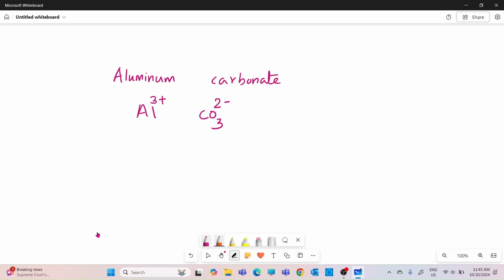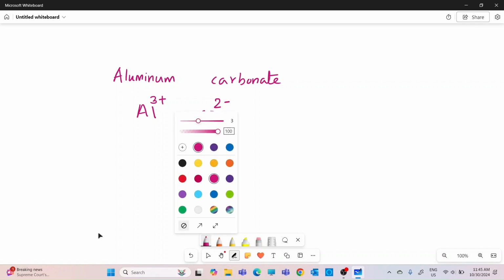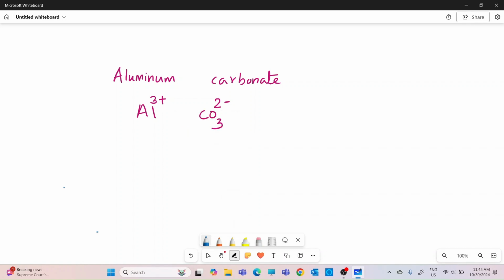Everything else we are using the same strategy we learned previously for normal binary compounds. We are doing the crisscross method. So when you do the crisscross, how many aluminum do you need? You need 2 aluminum and 3 carbonate.